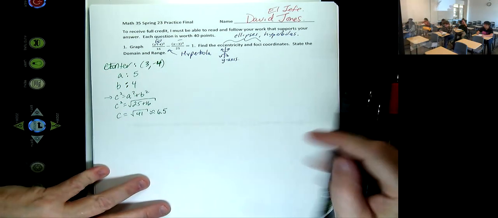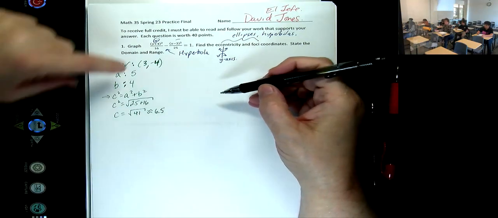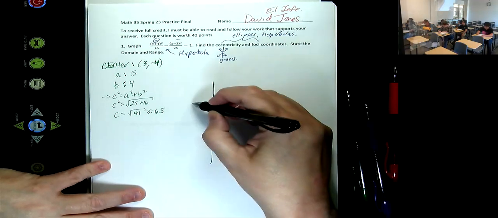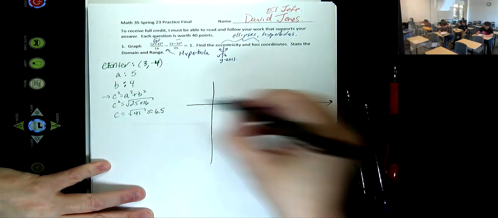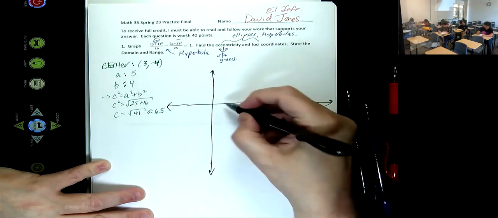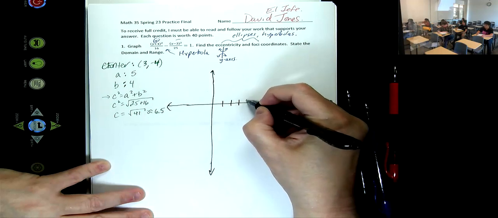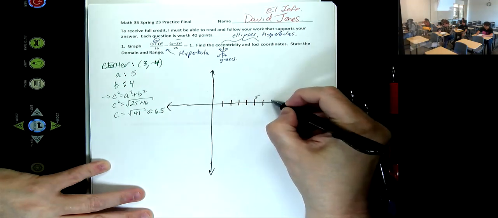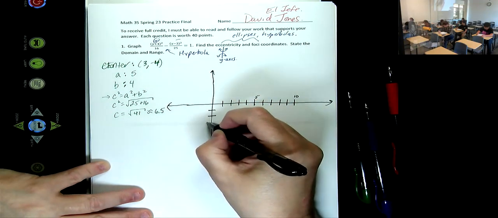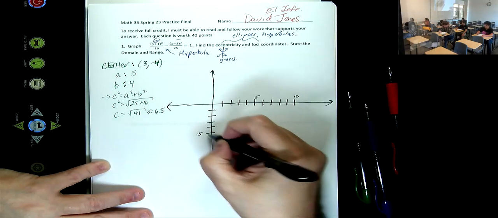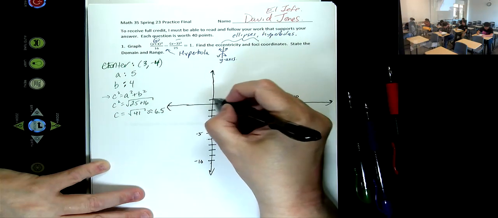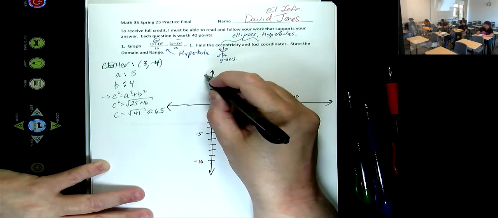So let's start sketching. I want a center of 3, -4, which means I got more going on in this lower right quadrant than I do anywhere else. So I'm going to emphasize more of my graph in that region. And I don't know how many up I'll need to go. So I'll put a few on there.